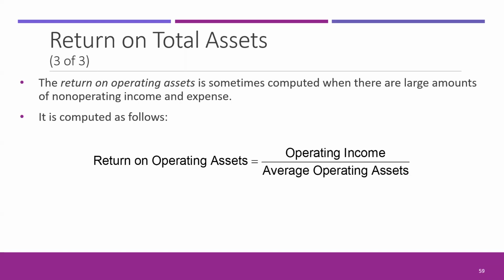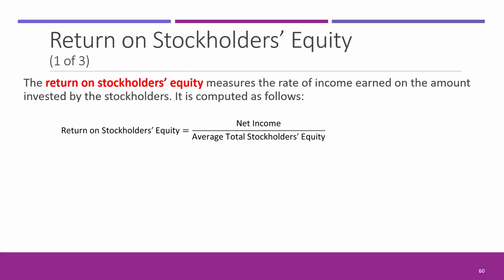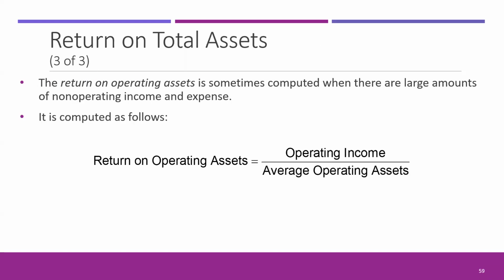Return on operating assets is trying to approximate the same thing. So we only divide it by average operating assets, and that'll be assets used in the operations of the business: plant, property, and equipment, supplies, inventory, accounts receivable, accounts payable, not long-term investments, goodwill, etc.